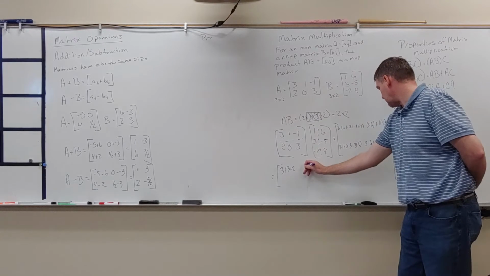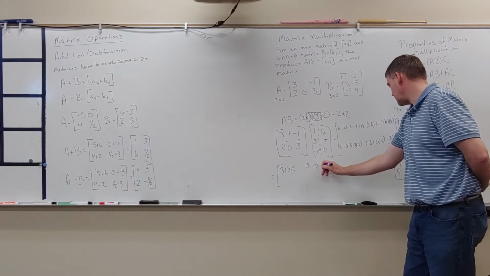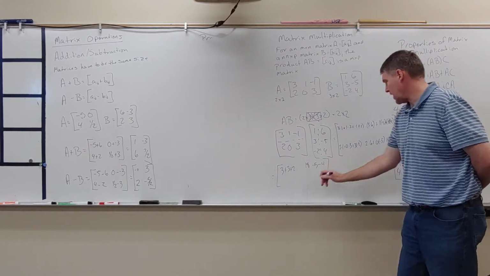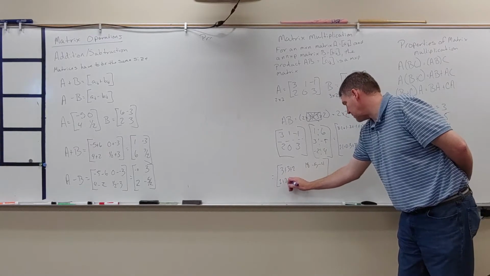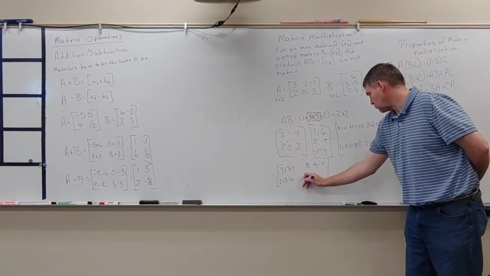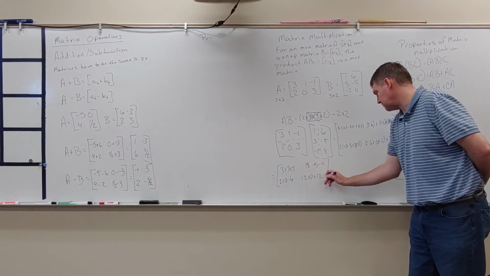There's my first element. And then I have 18 minus 5 minus 4 for my next element. I have 2 plus 0 minus 6. And then here I have 12 plus 0 plus 12.